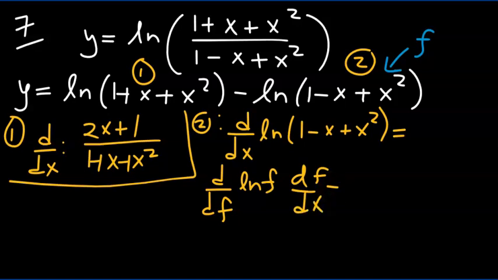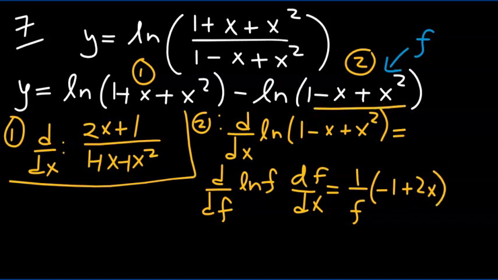And we know d natural log of f df is 1 over f. df dx is minus 1 plus 2x. That's what you get by differentiating this f with respect to x. Putting back the f, you get 2x minus 1 over 1 minus x plus x squared. And that's the result of differentiation of term number 2.